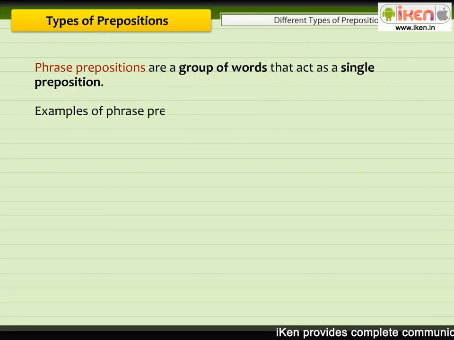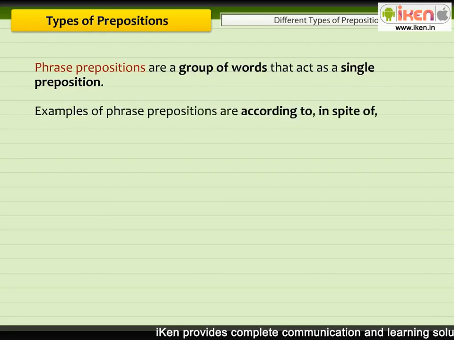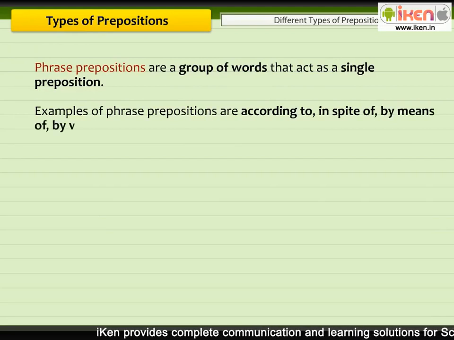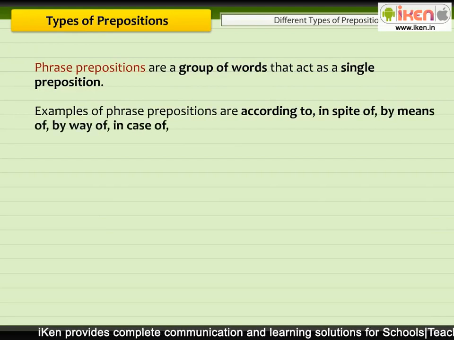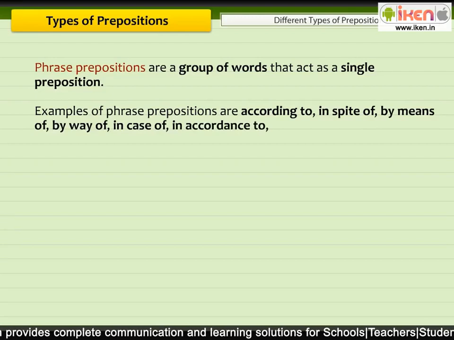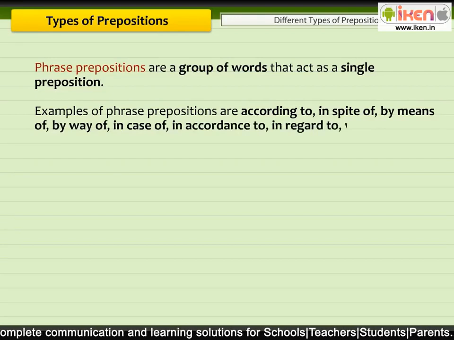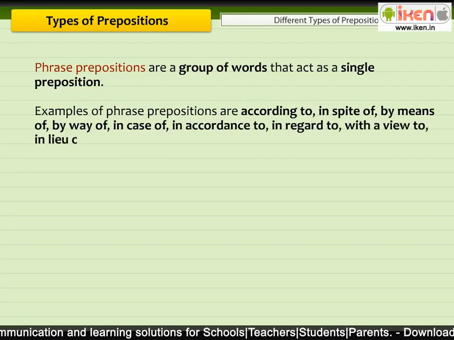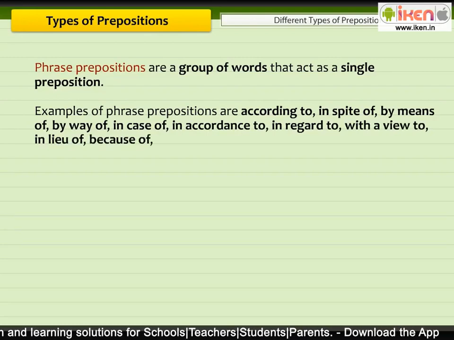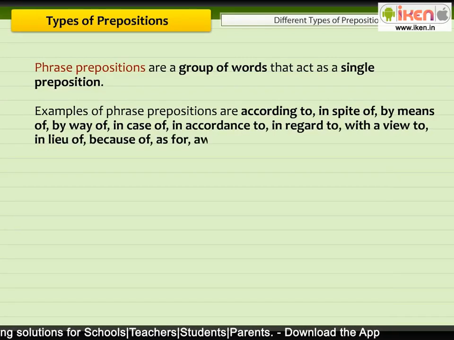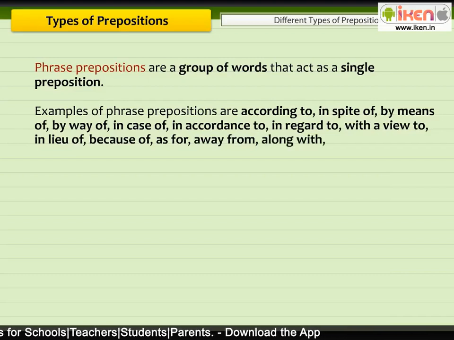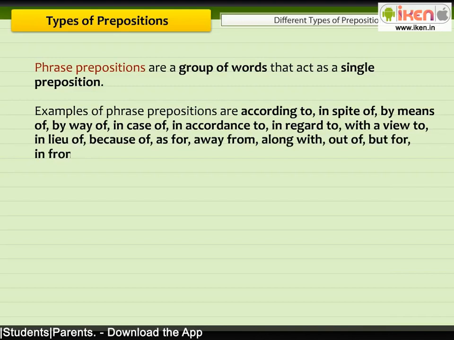Examples of phrase prepositions are according to, in spite of, by means of, by way of, in case of, in accordance to, in regard to, with a view to, in lieu of, because of, as for, away from, along with, out of, but for, in front of, due to, in search of, etc.